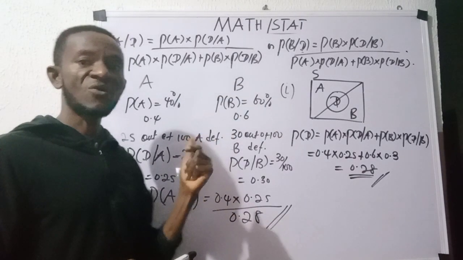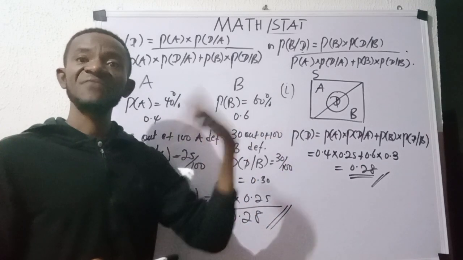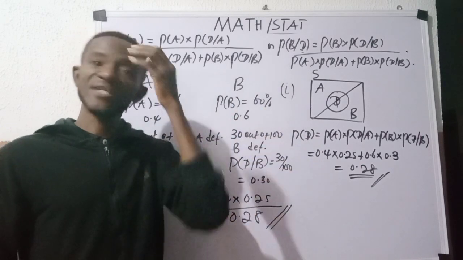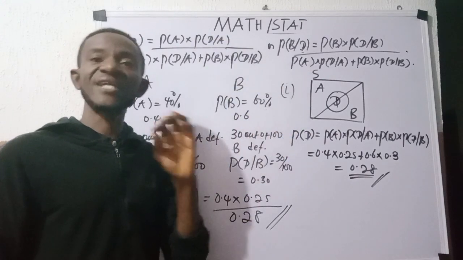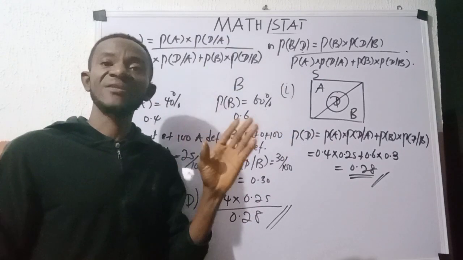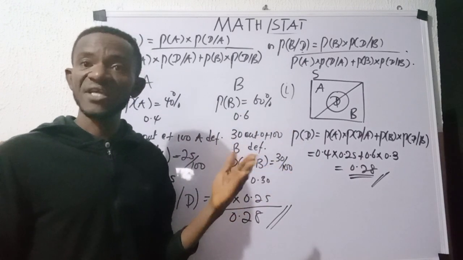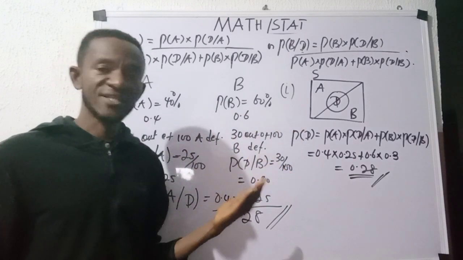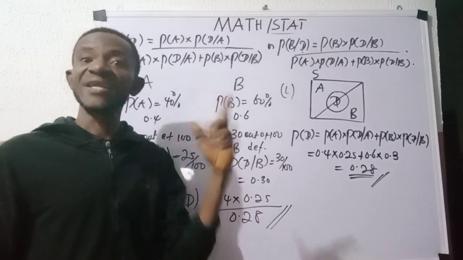So in the real sense of it, whether the event is 3, whether the event is 4, whether the event is anything, because this one we are saying that we are going to derive in our next class, when we have n events. That n events just tells you the number of our events is greater than 2. It could be 3, it could be 4, it could be 5, it could be anything. That's just what we mean by n events.